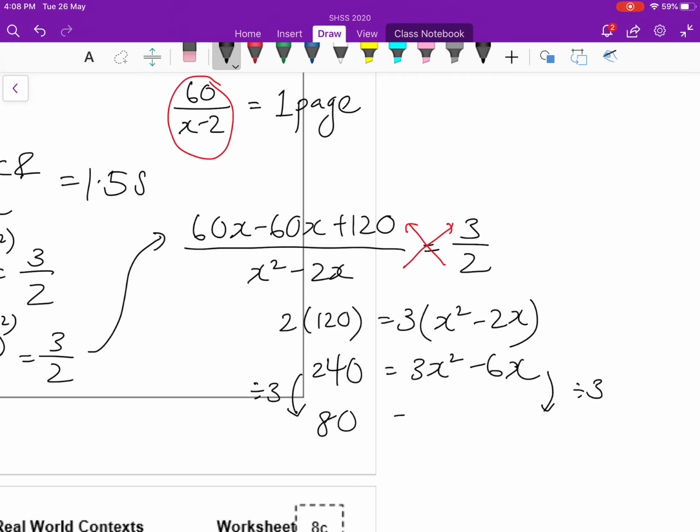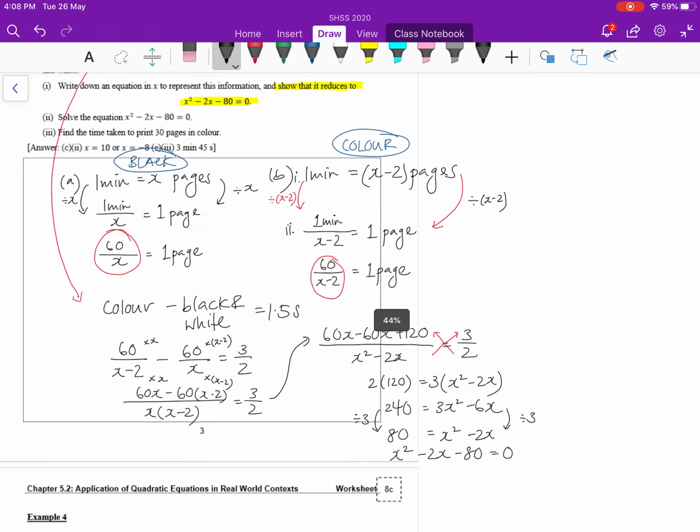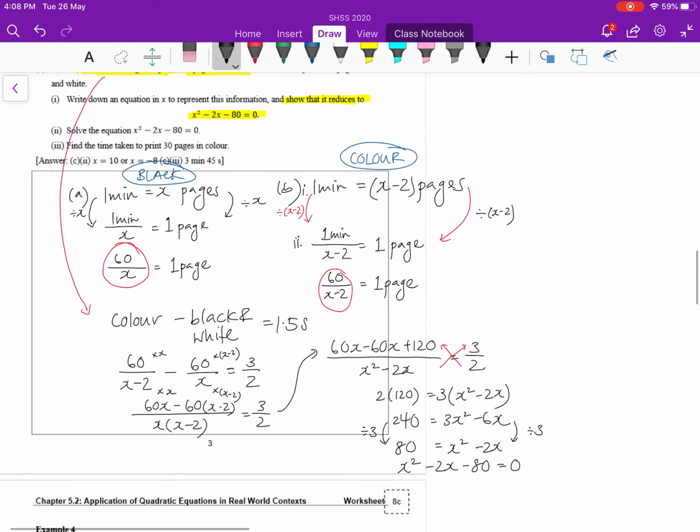And I get 80 equals x squared minus 2x. Bring over the 80, I get x squared minus 2x minus 80 equals 0. Is that what the question wants? Yes, the question says x squared minus 2x minus 80 equals 0. There you go. After you are done, you write shown.